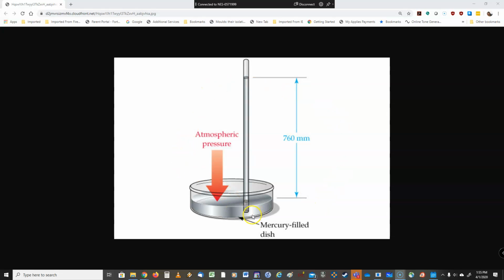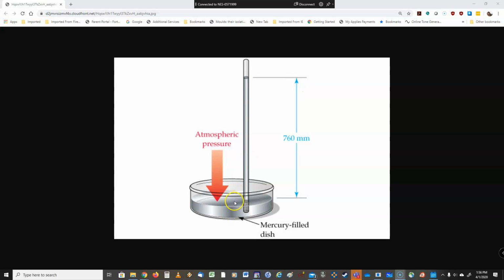If you have a glass tube, can be anything, but a glass tube that's sealed and has a vacuum in it, so there's no air in it, and you put that into a petri dish full of mercury, the mercury is very heavy, very dense, but it will be sucked up by this tube as a function of the pressure exerted down on the surface of this mercury right here, and that distance that it will rise in a standard size tube right here. I have no idea what the diameter is, but I'm sure it's a standard value to get this number. That's where the 760 millimeters of mercury comes from.